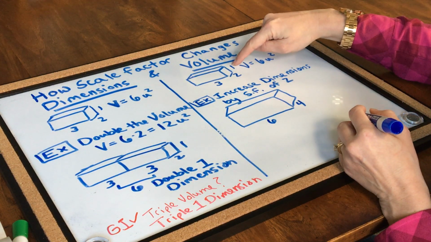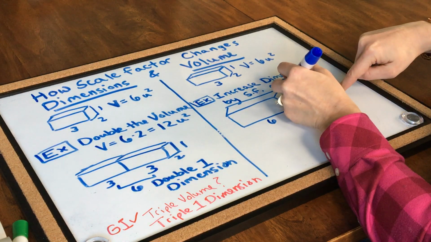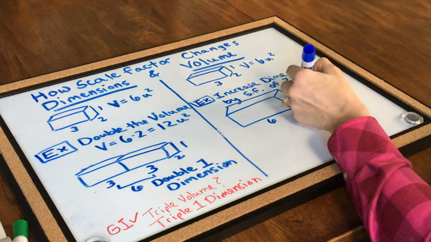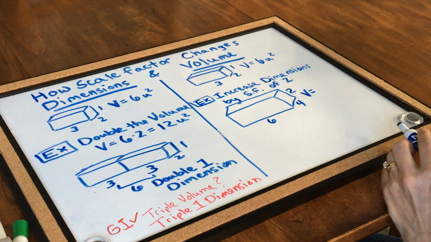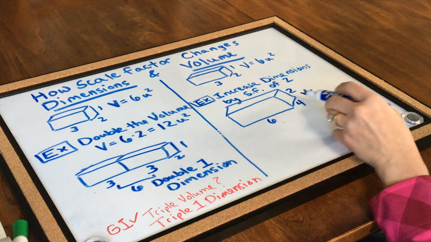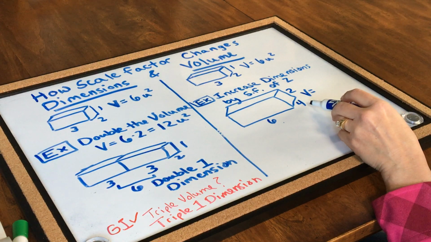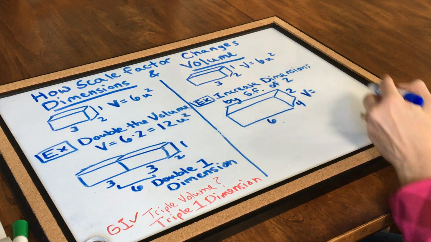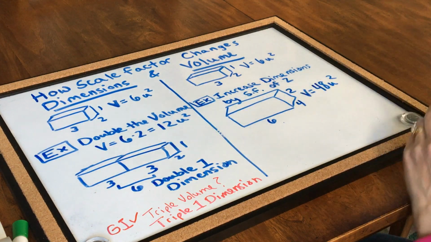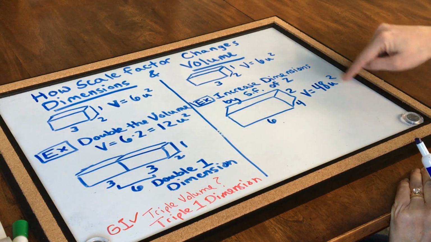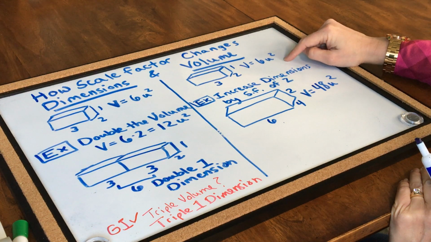And instead of 1, it's going to be doubled to 2. So what is my new volume? Well, my new volume is 6 times 4, which is 24, times 2, which is 48 square units. That is a lot bigger than this one.